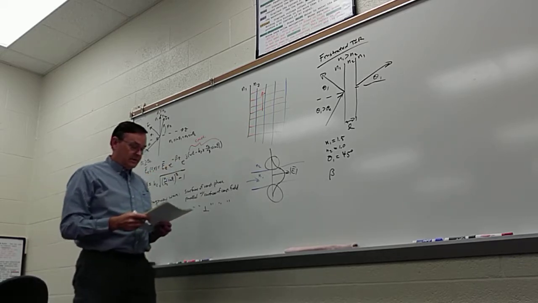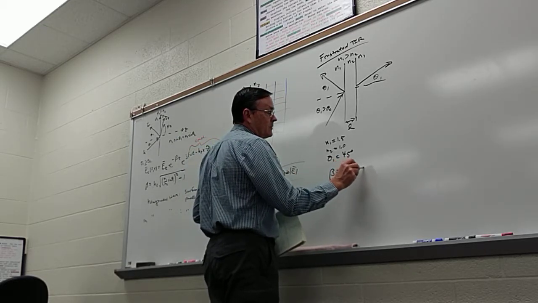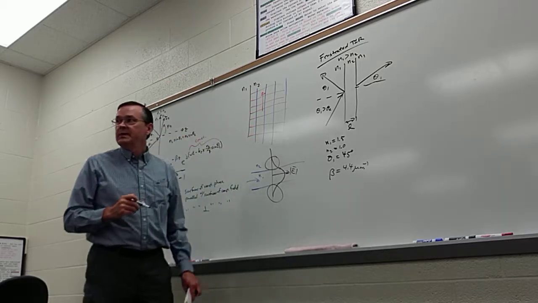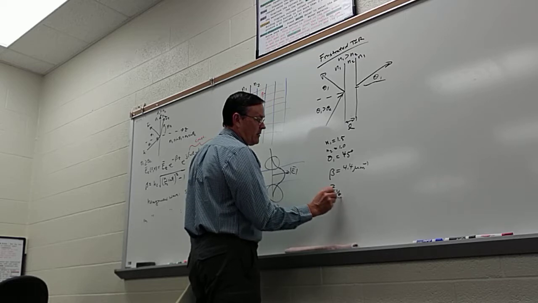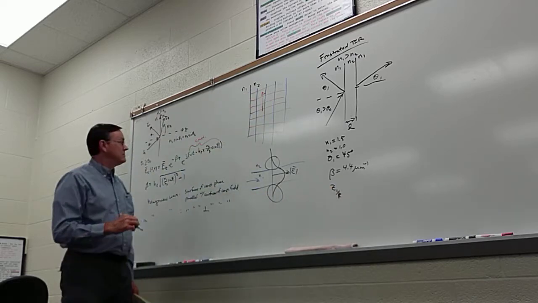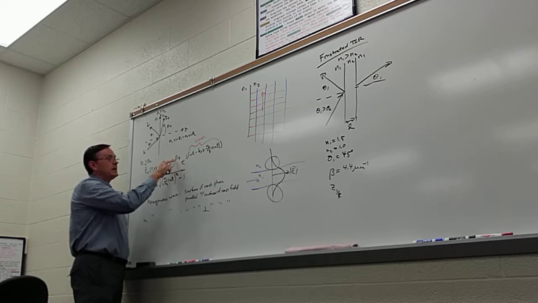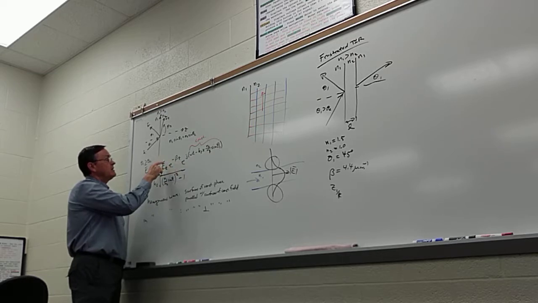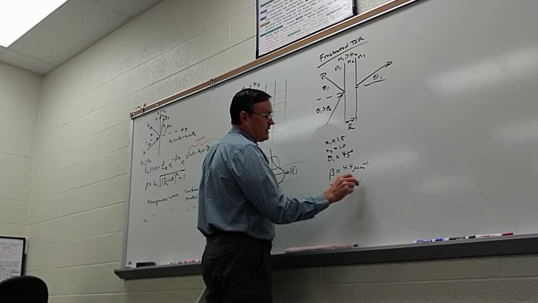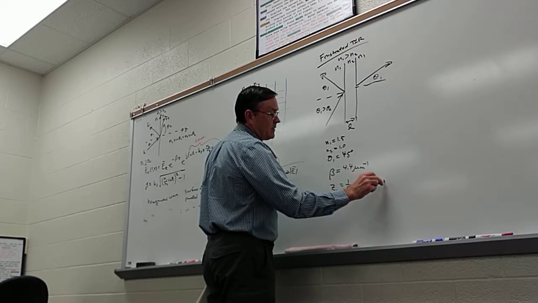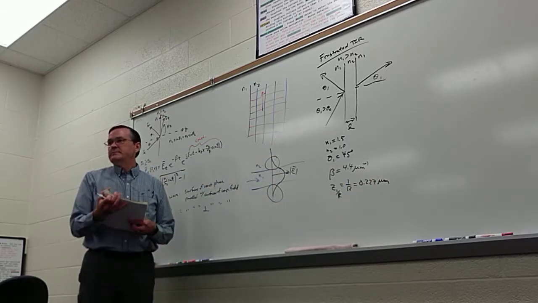If we plug in and calculate, we find beta is equal to 4.4 inverse microns, which means the depth z at which the field is 1 over e, if z is 1 over beta, this becomes e to the minus 1 of the magnitude of the field. So 1 over beta is 0.227 microns, about a quarter of a micron.